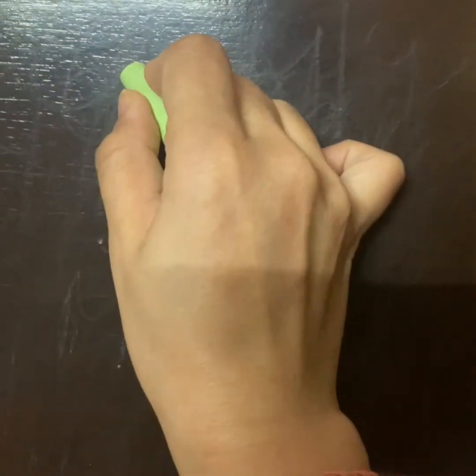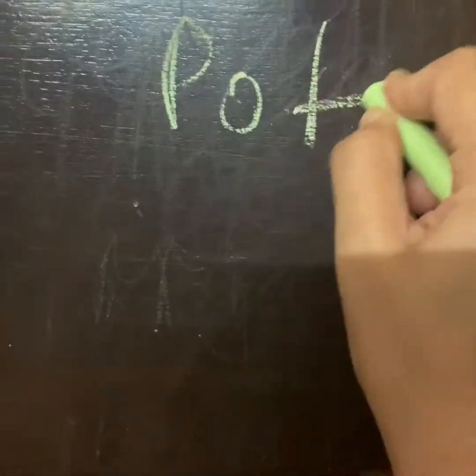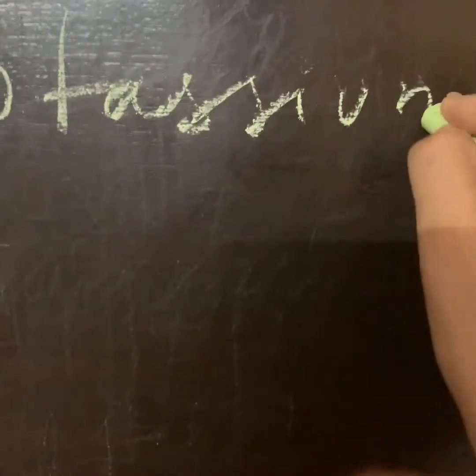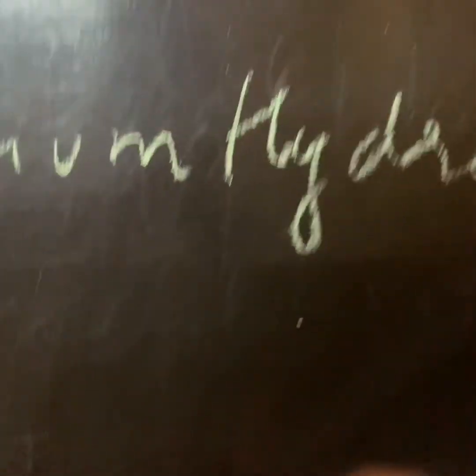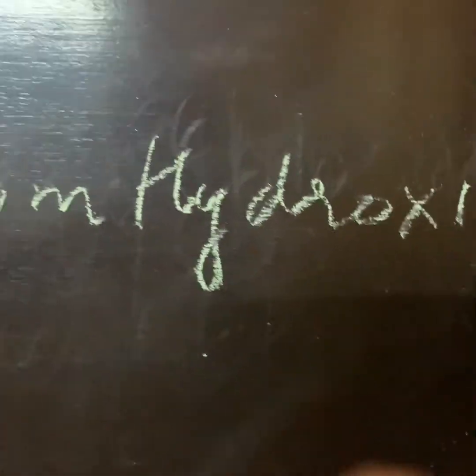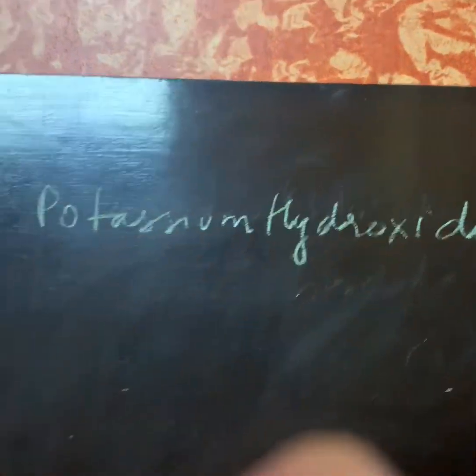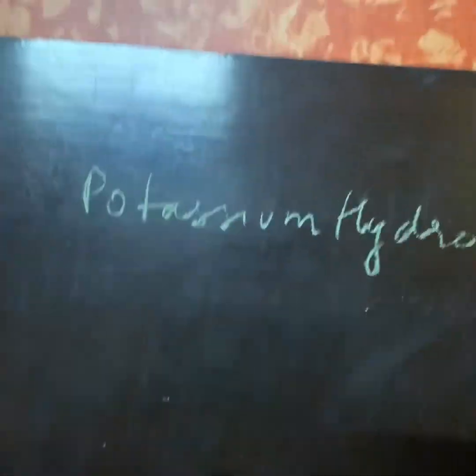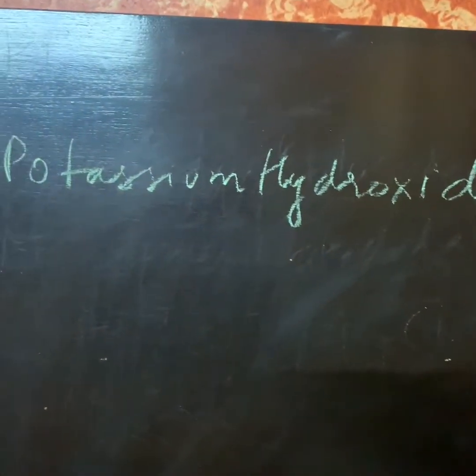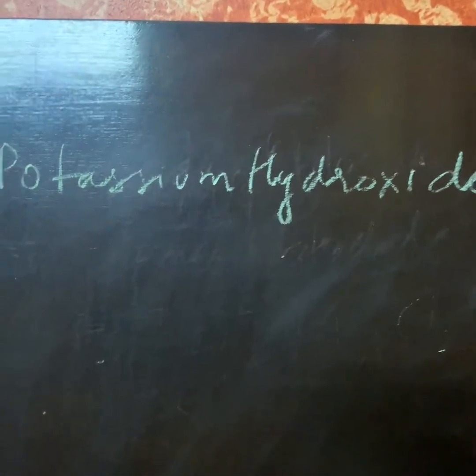Now let's take one more example. Potassium hydroxide. Here the positive ion is potassium and the negative ion is hydroxide.